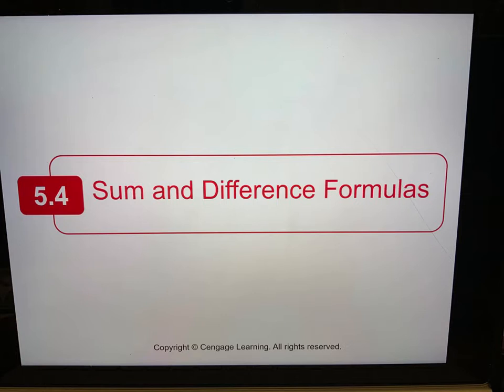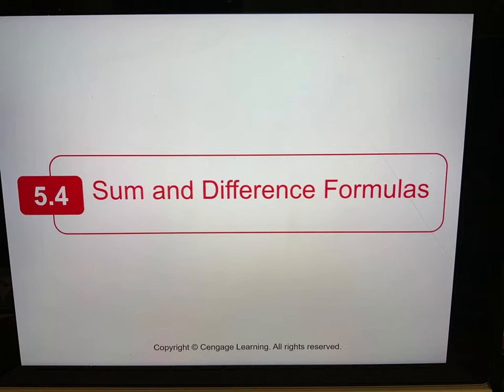So now we're getting into the formulas. Why are we using them? Because we use the sum and difference formulas to find exact answers for angles that are not the common angles. We have exact answers for 30, 60, 45 degrees, and their multiples, 90, 120, and so forth. But how about 75? How do we get the exact value for the sine of 75? The sine of 75 is not one of our common angles.